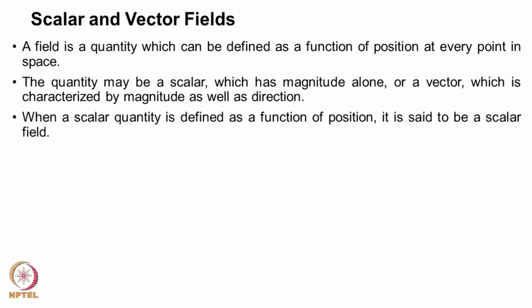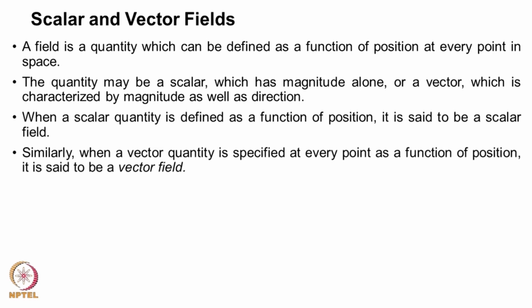When a scalar quantity is defined as a function of position, then it is said to be a scalar field. Similarly, when a vector quantity is specified at every point as a function of position, then it is said to be a vector field.